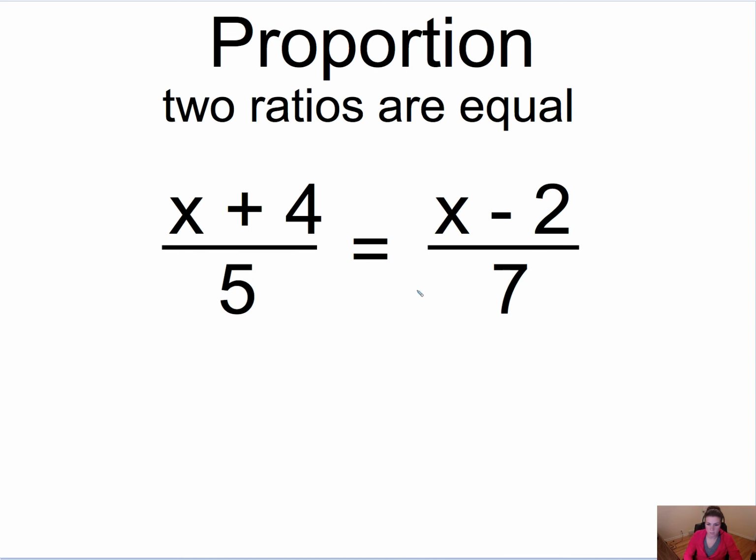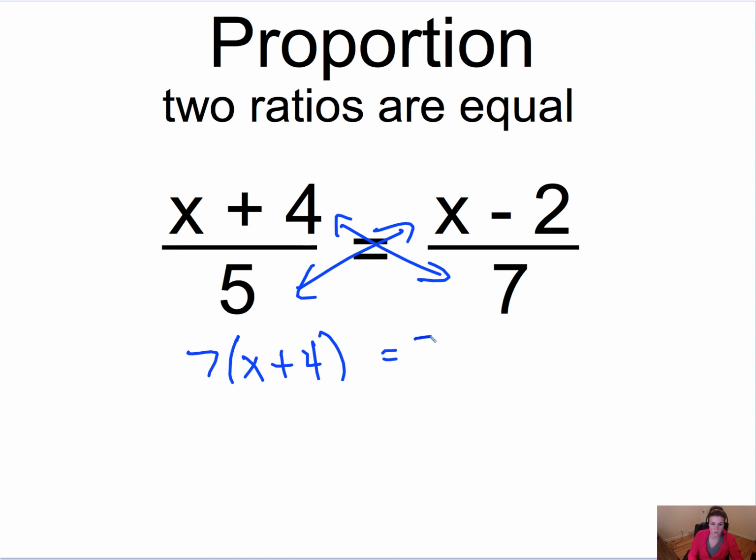We're still missing pieces, so you do it the same way we did before. You take your cross products of those two and your cross products of these two. Doesn't matter which one you put first, but I'll put the 7 first. So 7 times the quantity x plus 4, just multiplying these, just cross products, is equivalent to this cross product, which is 5 times the quantity x minus 2.